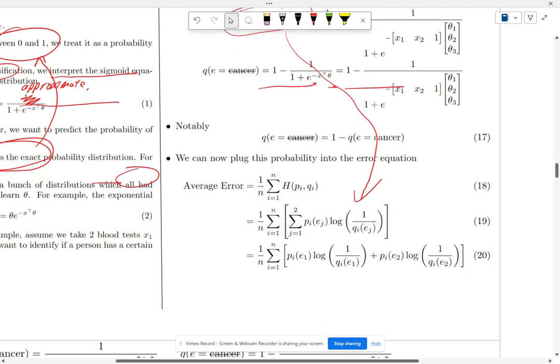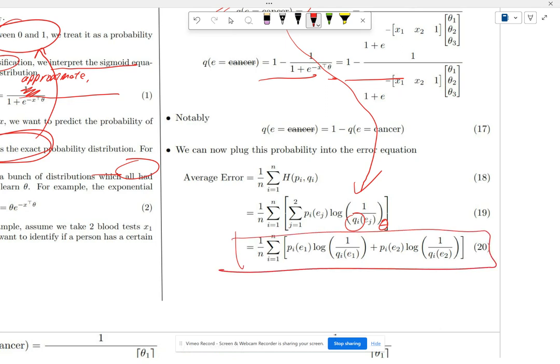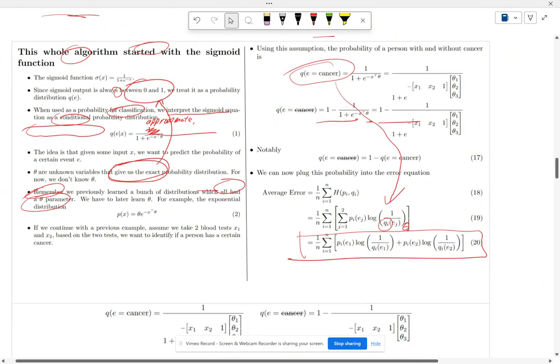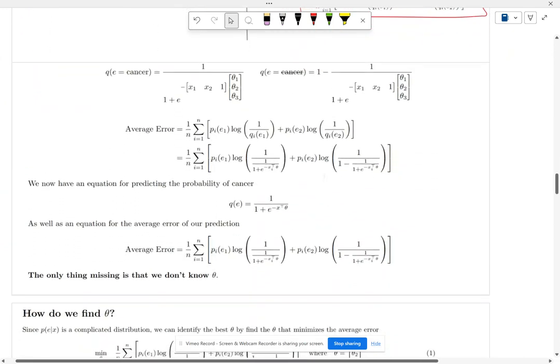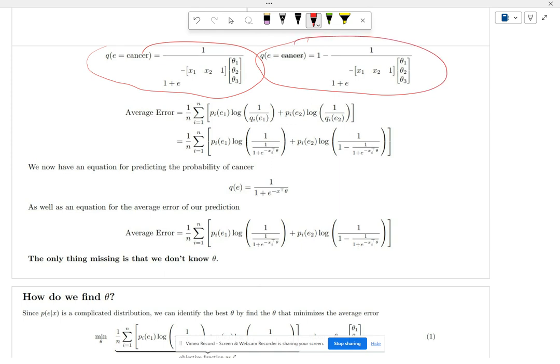You can see this actually is a function of theta. So there's a theta in here. If you write the whole thing out, it looks like this. So the average error, let me write this out. Here's the Q of E with cancer, Q of E without cancer.